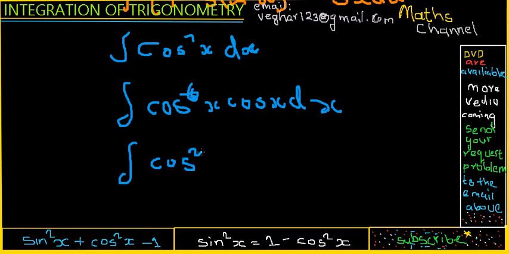So here you change it to the simplest identity that you know. Because we know cos square, you know the identity, you can use this one. So this 6 is a multiple of 2, 3 times 2 is 6.